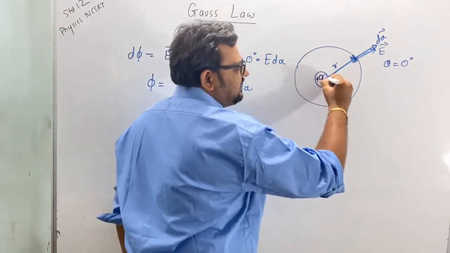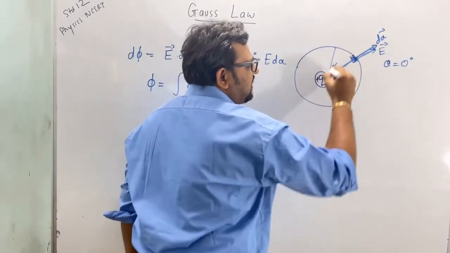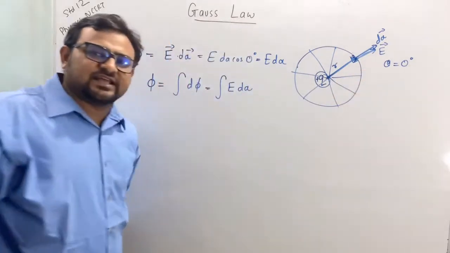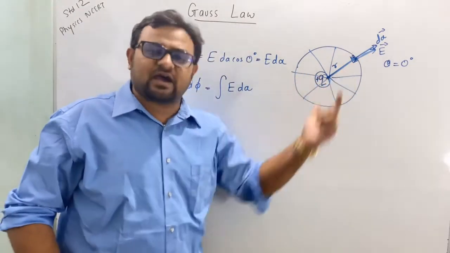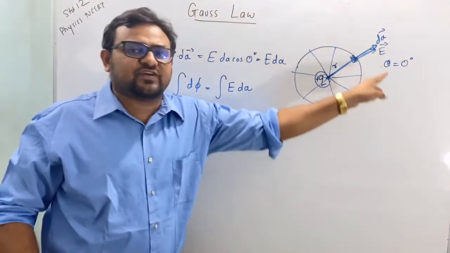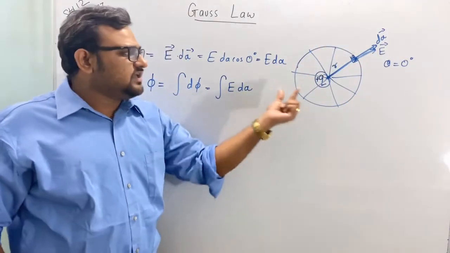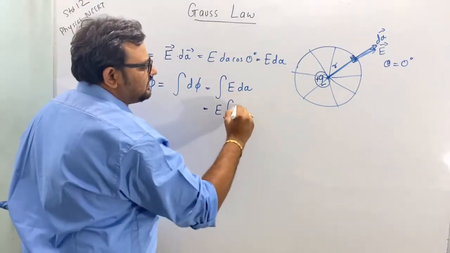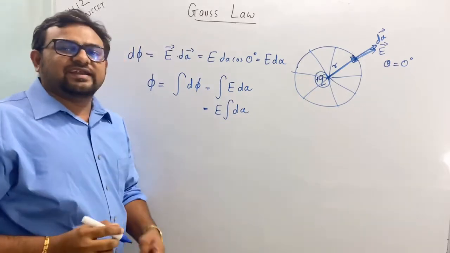Now if I am taking this as r, everywhere the distance from this charge is r, right? So the electric field at every point on the surface is the same. So E is constant. So this will be equal to E times the integration of dA.